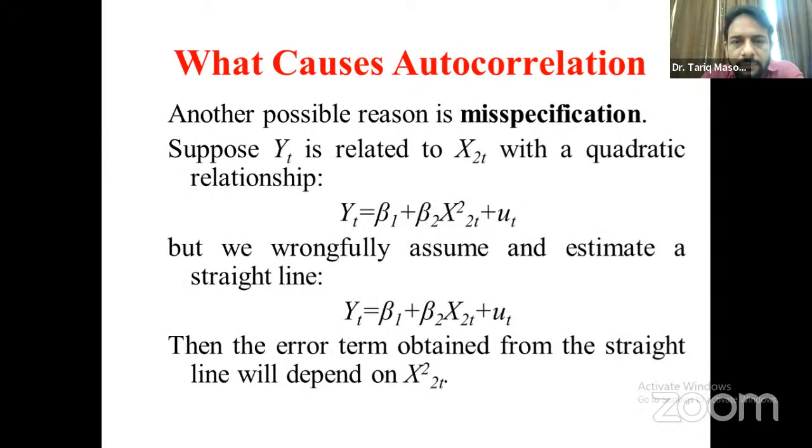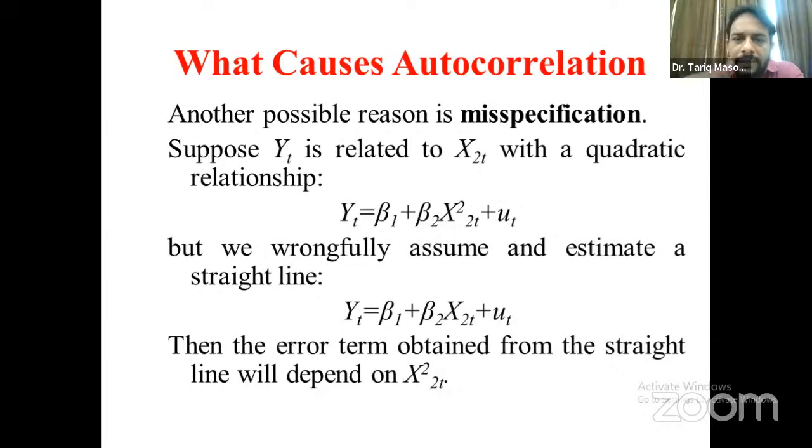Next is functional form. Suppose the true functional form is y equal to beta 1 plus beta 2 x square, but suppose you wrongly assume that the model is yt equal to a linear model. You assume that it is a linear model, but in reality the model is non-linear.